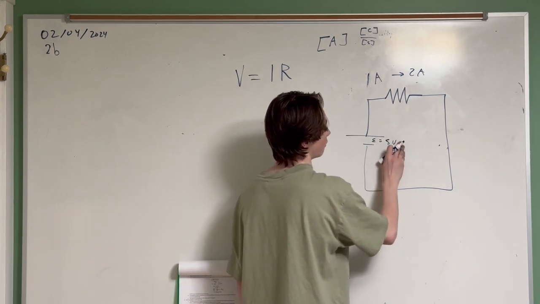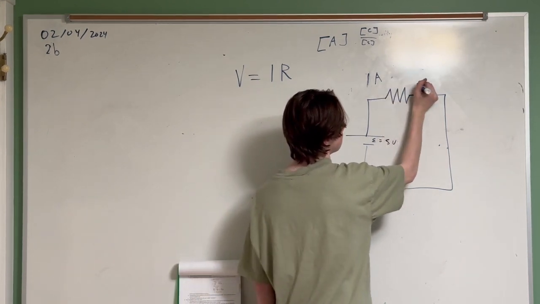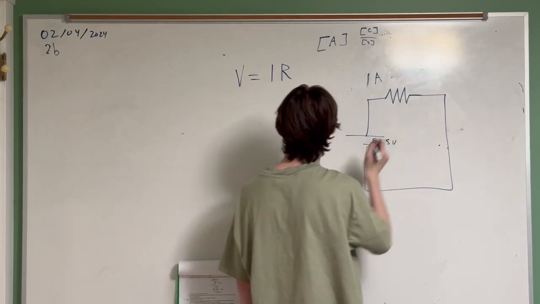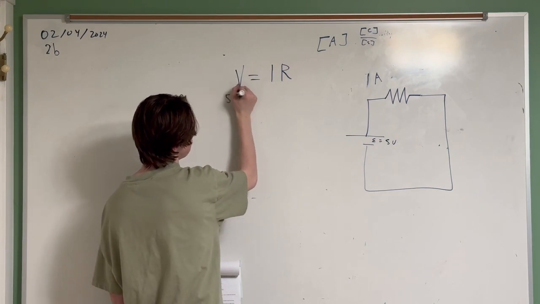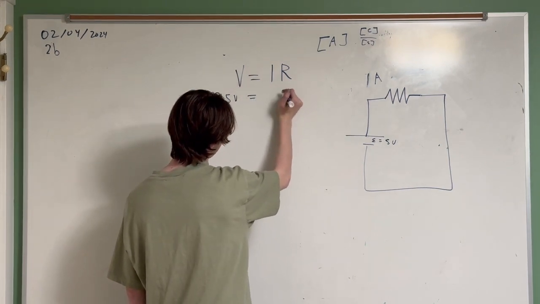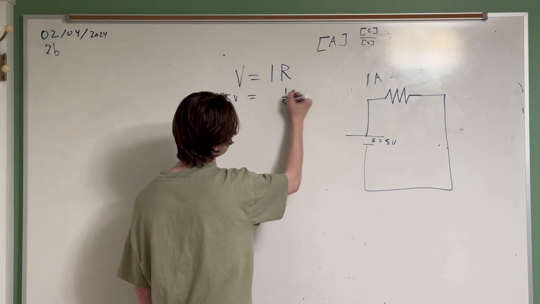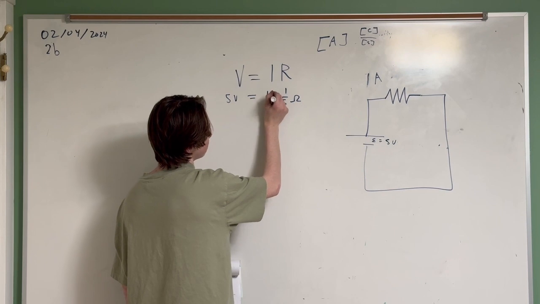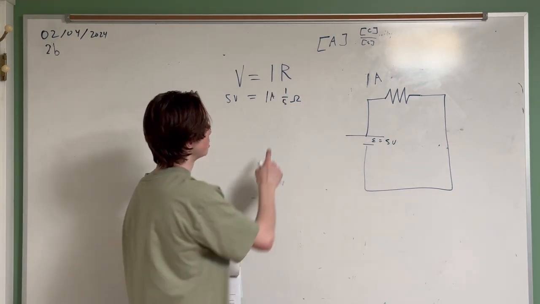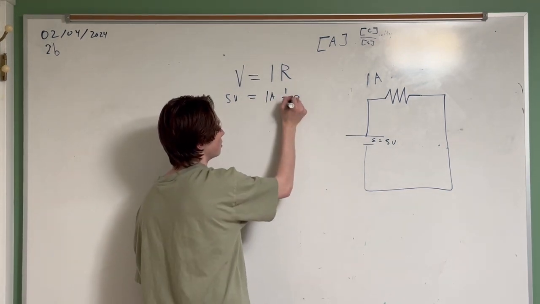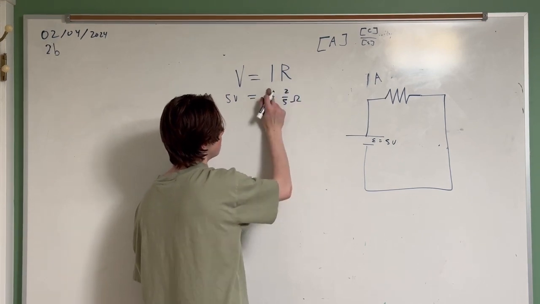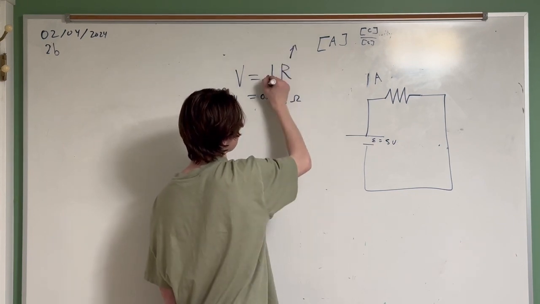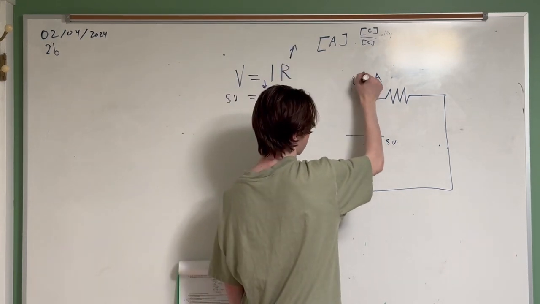Say our voltage was 5 volts, our resistance was 1/5 of an ohm, and we had 1 amp for this relationship to work. If we changed our resistor from 1/5 of an ohm to 2/5 of an ohm, then we'd have half the amps, 0.5 amps.